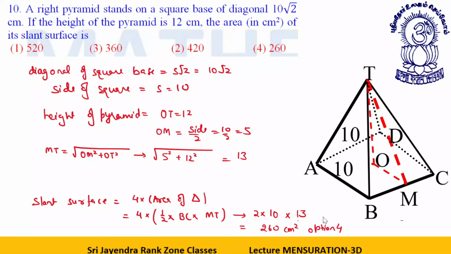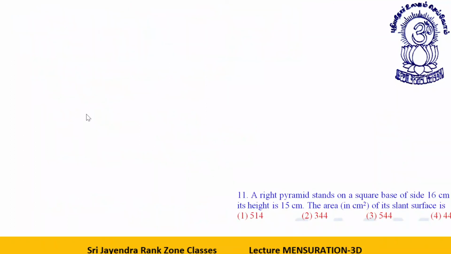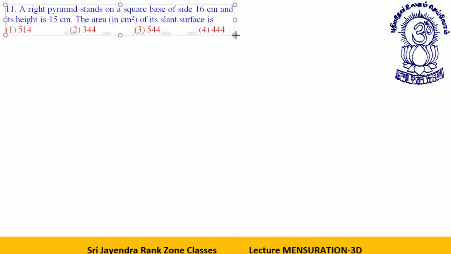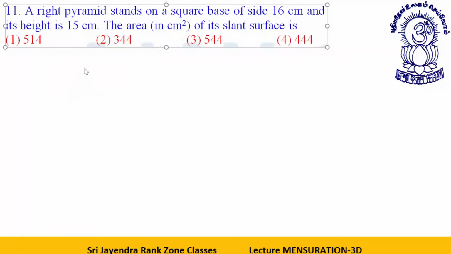Okay, dear students, is all this clear to you? Shall I move ahead? Let's take one more. A right pyramid stands on a square base of side 16 centimeter and its height is 15 centimeter.